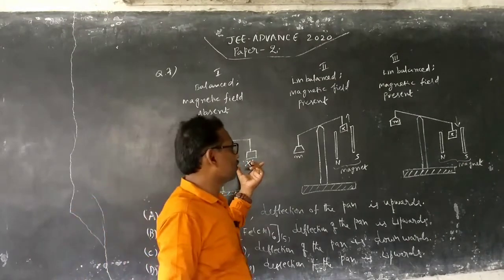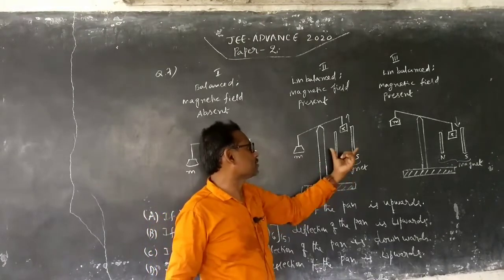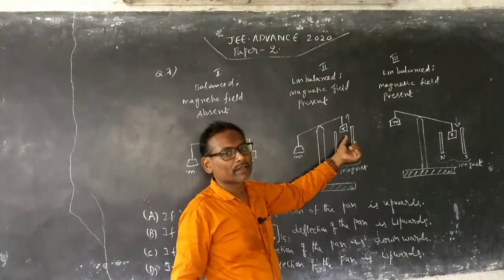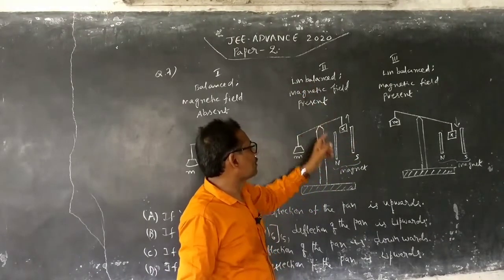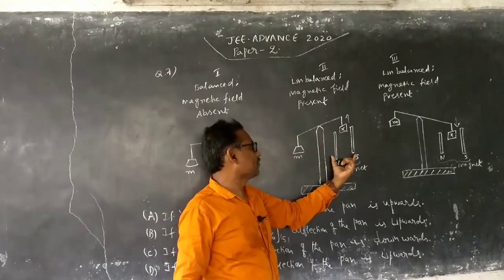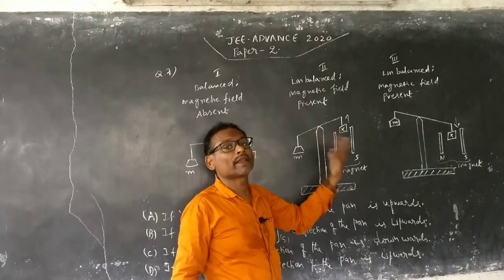For example, if it moves downwards, it means it is attracted by the magnet. For example, in the second situation, the magnet is used. The magnetic field is applied to the substance X. Then what is happening? Here it is unbalanced, the magnetic field is present. From the diagram we can understand that the magnetic field is responsible for pushing the substance up. It's because of repelling.